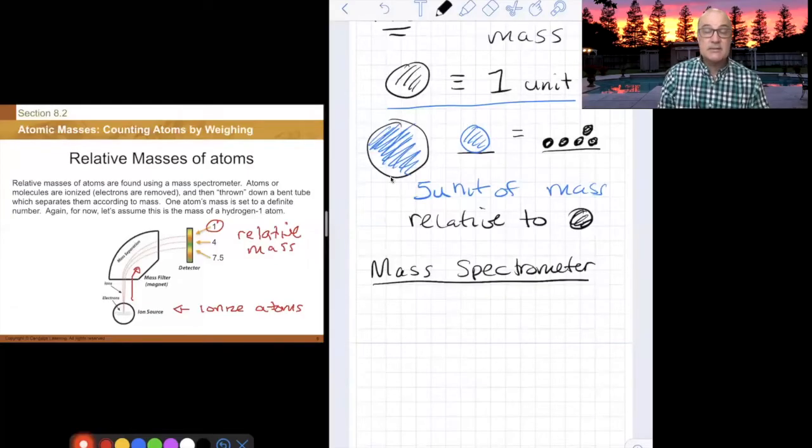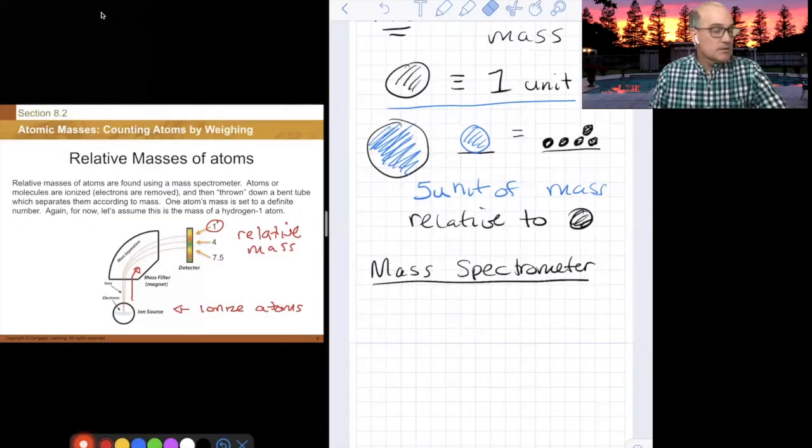And this is a mass spectrometer. So we can find the masses of these things to a very high degree of sensitivity. So what we can see is the mass spectrometer is able to fling atoms, and this flinging allows us to figure out their relative mass.